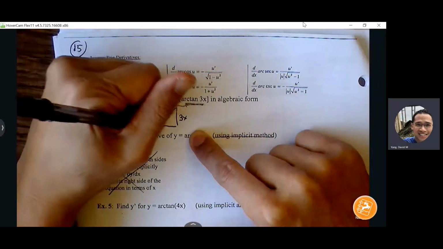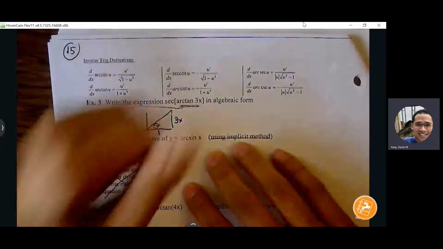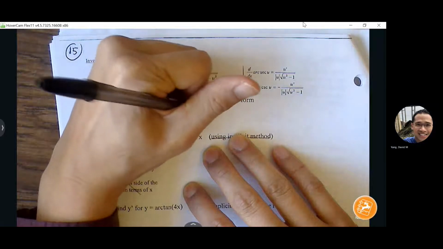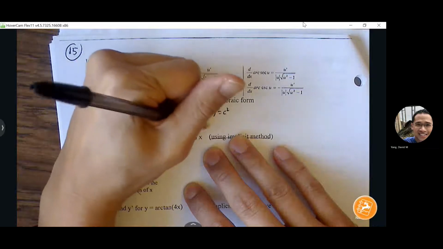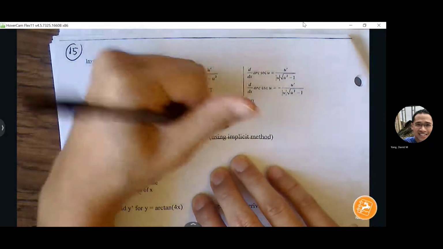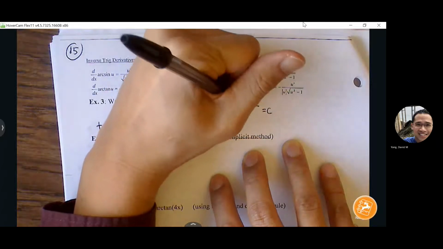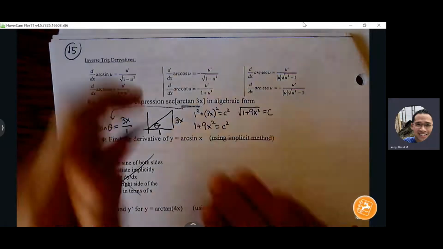Okay, Pythagorean theorem, a squared plus b squared equals c squared. Hypotenuse.